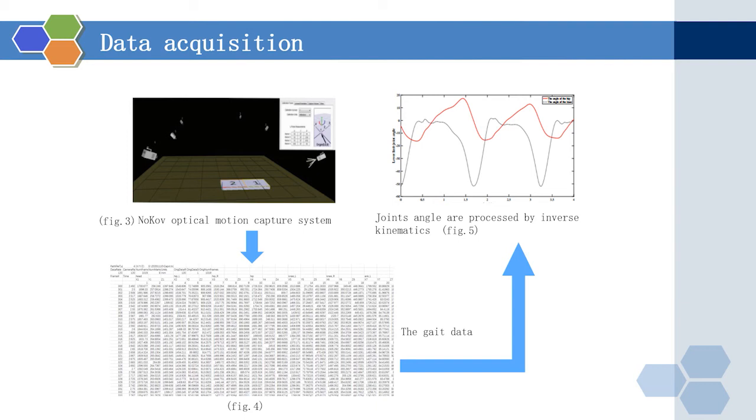The captured data needs to be smoothed by the corresponding statistical software, and then the human data is derived.